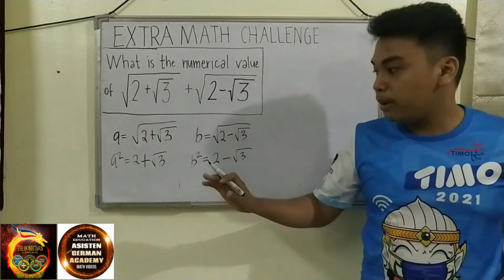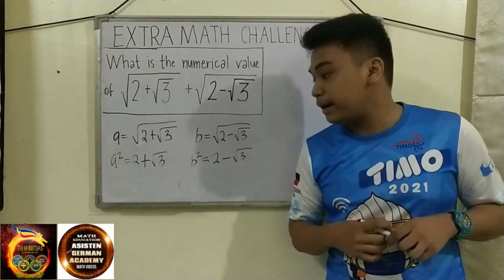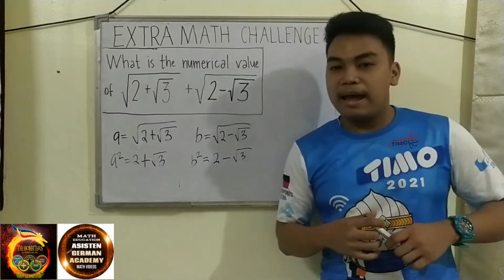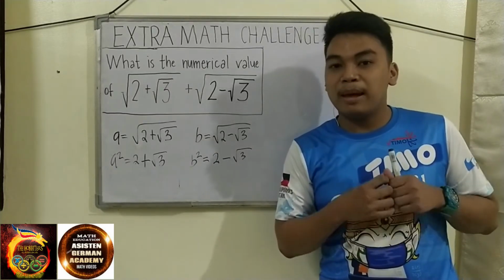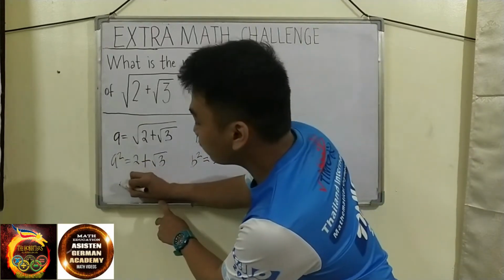Okay, now we have already solved the numerical values of A squared and B squared. And we can also solve the numerical value of AB.